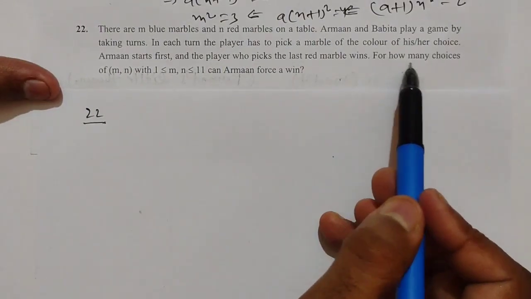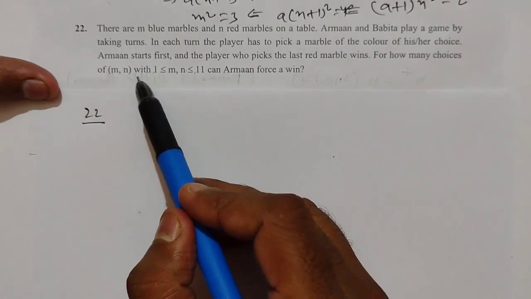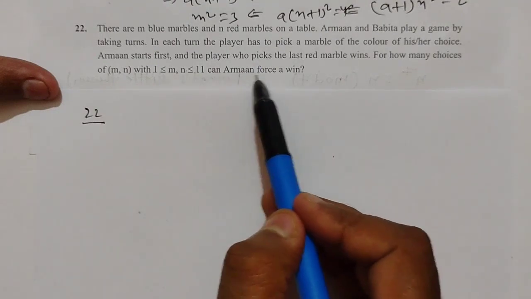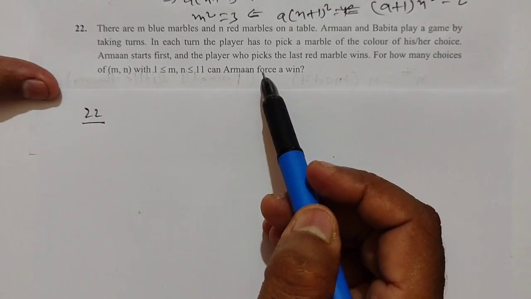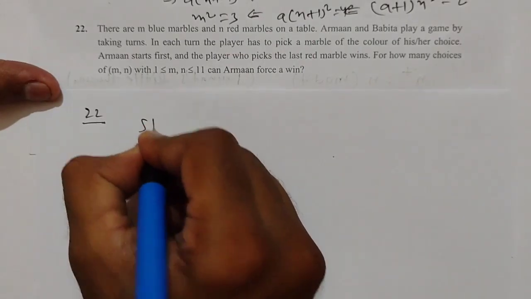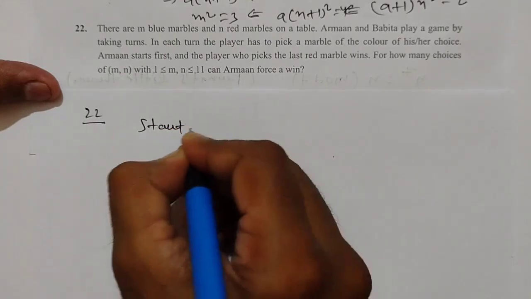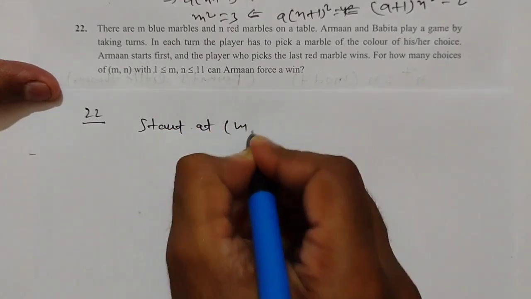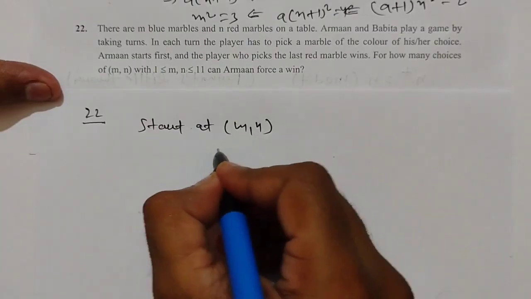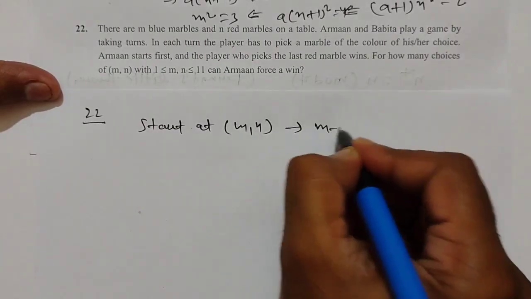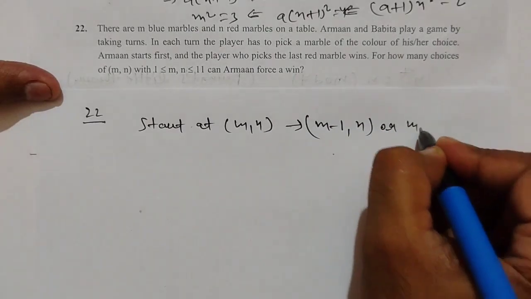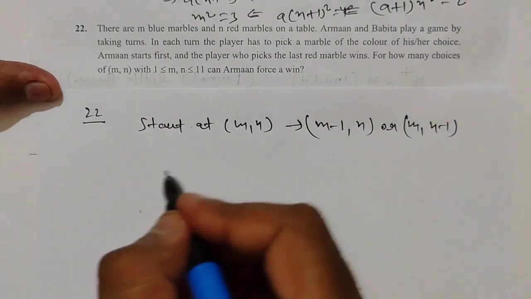So for how many choices of m and n with m greater than or equal to 1, n less than or equal to 11 can Arman force a win? So starting at m, n, if we start at m, n, we can move to m minus 1, n or m, n minus 1.